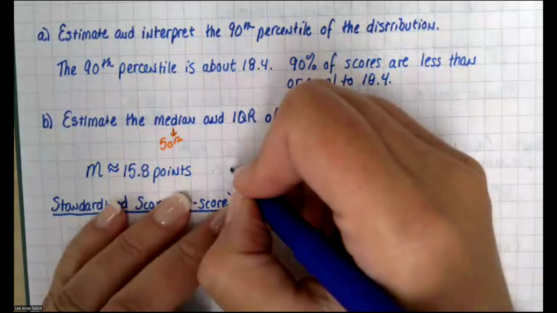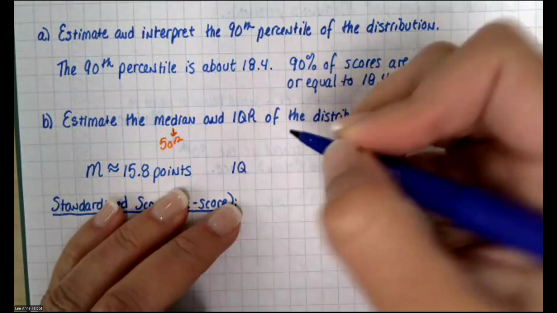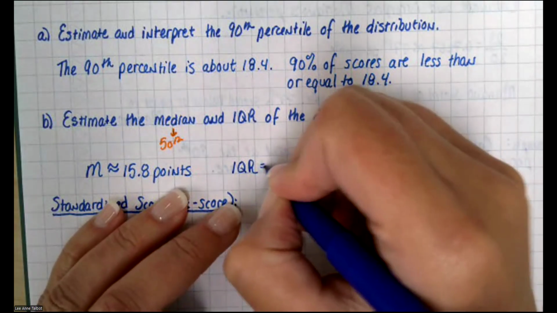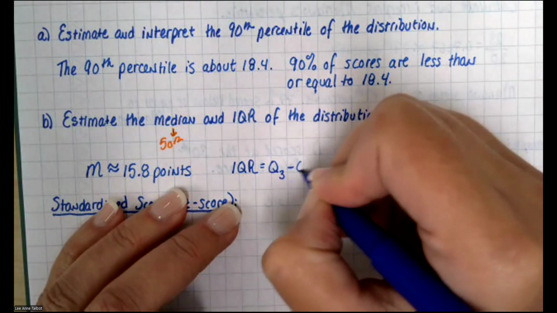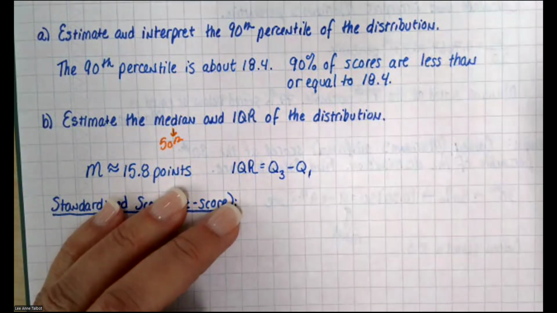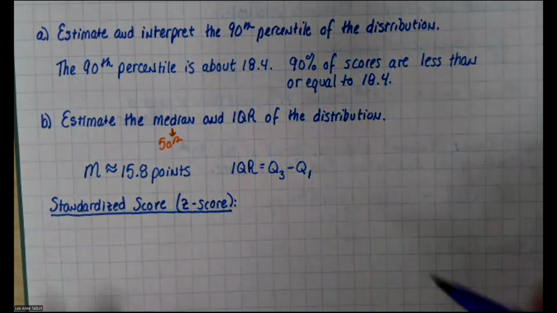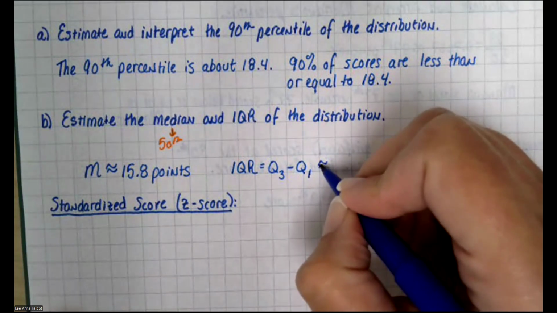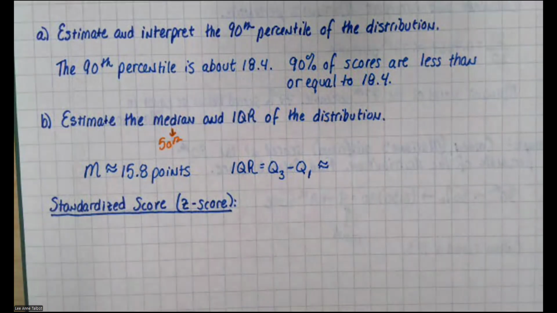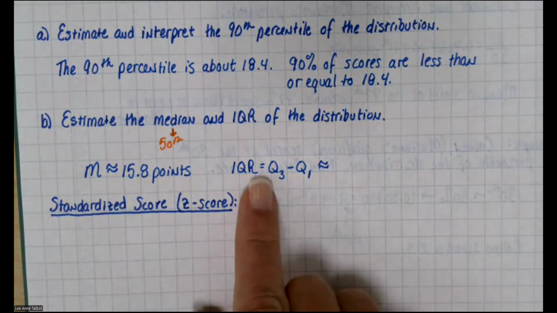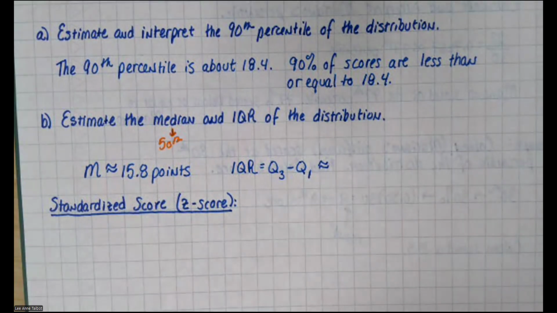Okay, now blast from the past of chapter 1. What do you guys think we're going to do to find the IQR? What percentile would the third quartile be? 75th.